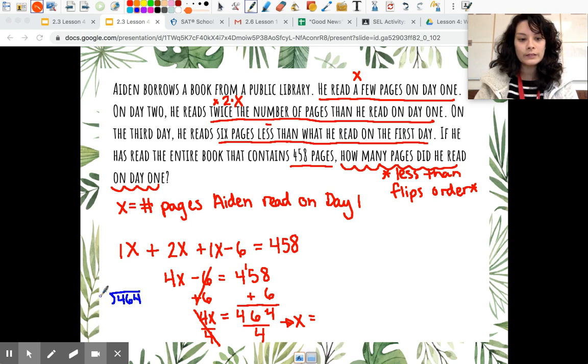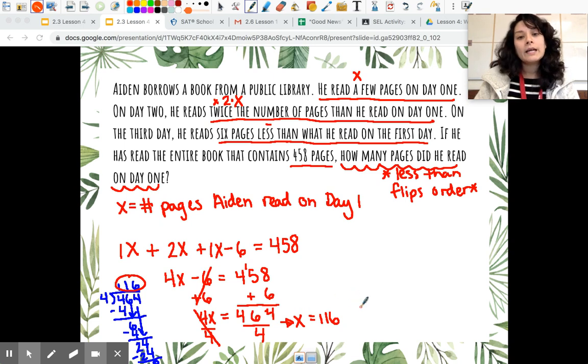Hopefully it's not too small for you to see. 4 goes into 4 one time with no remainder, but I have to bring this 6 down and keep going. 4 goes into 6 one time with 2 remaining, bring down that 4, and I have to keep going. 24 divided by 4 will give me 6, evenly with no remainder. So my quotient when I divide here is going to give me 116. That's a lot of pages to read on one day.